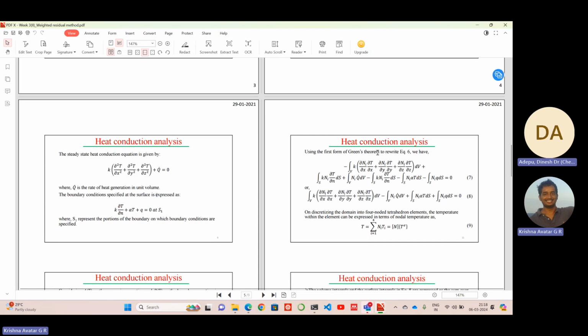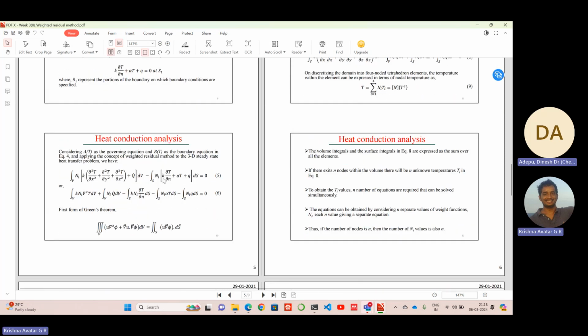Then for heat conduction analysis, we multiply the equation with a weight function and then integrate over the domain. That's what we had done even for the bar case. We took the equation, multiplied it by some test function, and then integrated, and got some such expression.